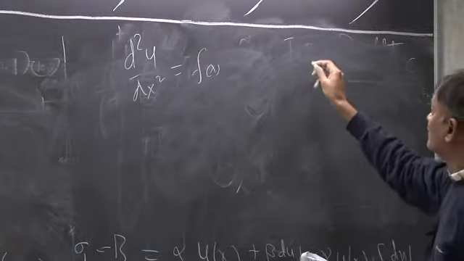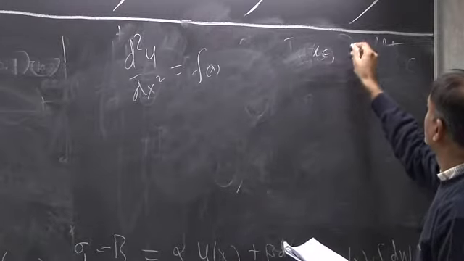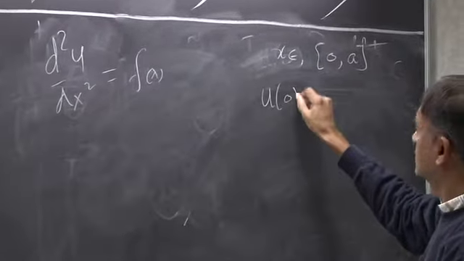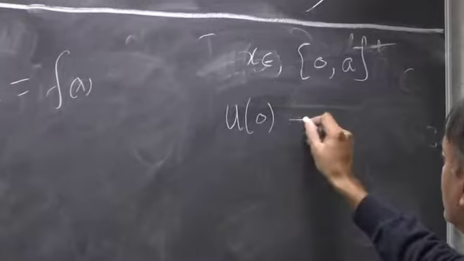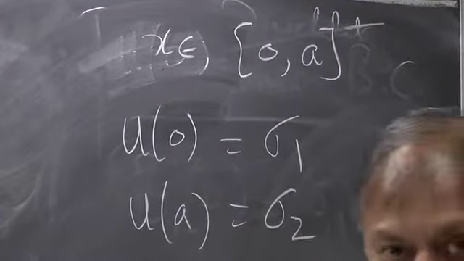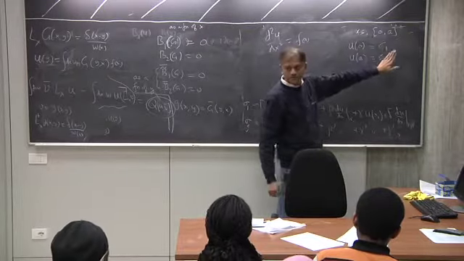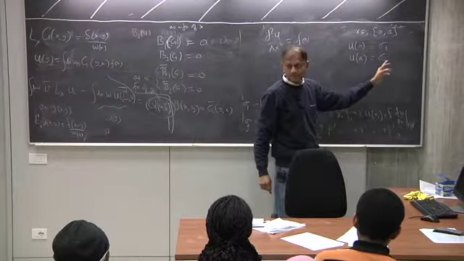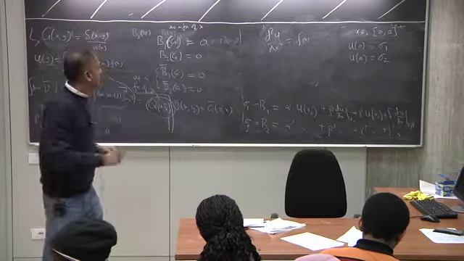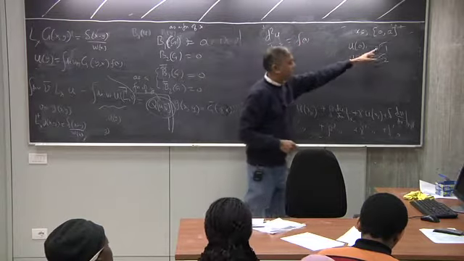Say x is between 0 and a, and u at 0 we choose to be sigma 1, and u at a equal to sigma 2. At the two endpoints, before we had chosen 0 and 0; now we just put an inhomogeneous piece. I want to solve this problem now with these boundary conditions.